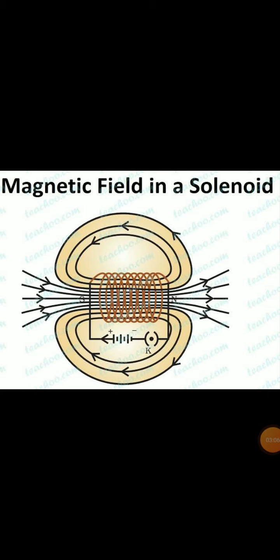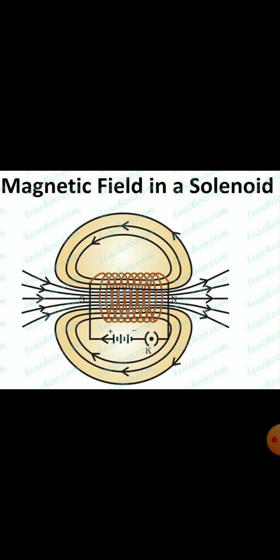In fact, one end of the solenoid behaves as a magnetic north pole while the other behaves as the south pole. For a bar magnet also, one end is north pole and the other is south pole. Here also one end of the solenoid behaves like a north pole and the other behaves like a south pole.